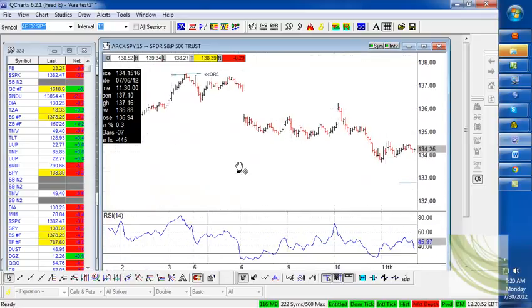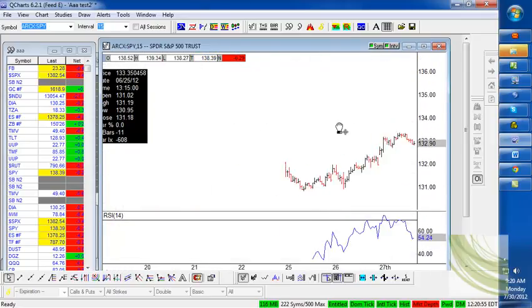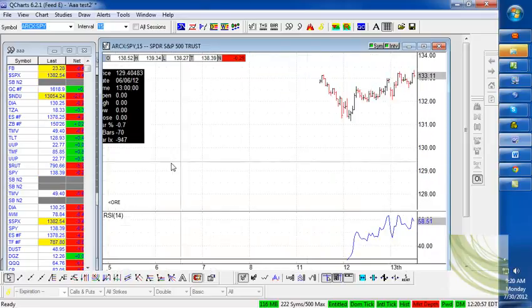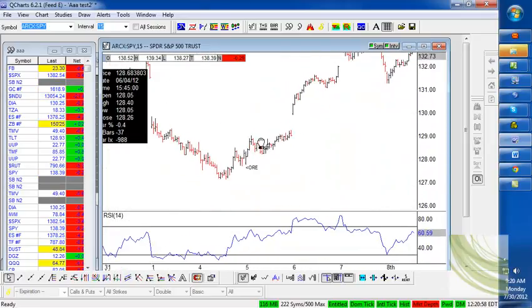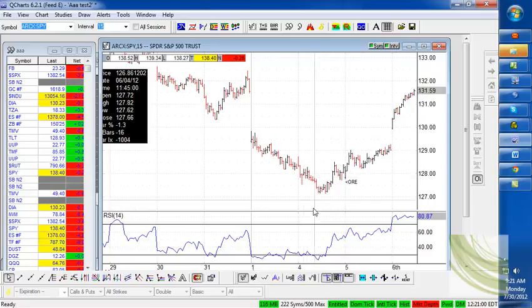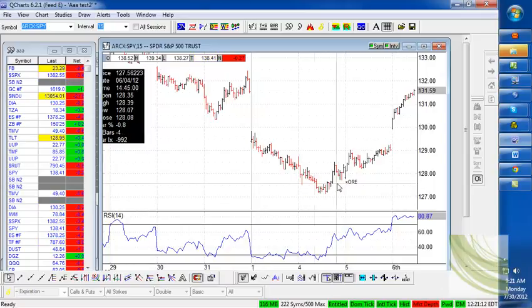Now, when you have an indicator that is based upon an overbought, oversold index, and a very popular one is the RSI, for example, you can see that prices come down, and right here is where the ORE is.